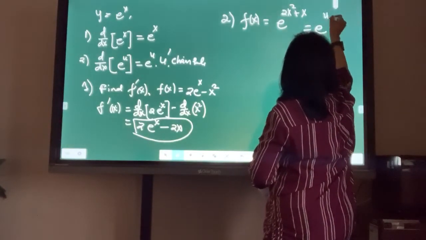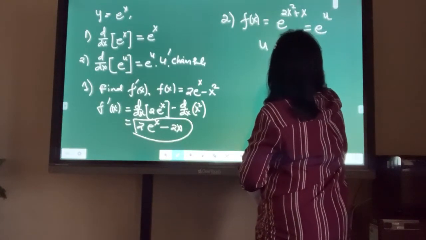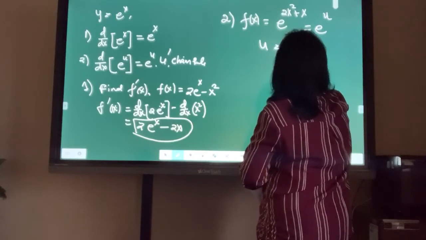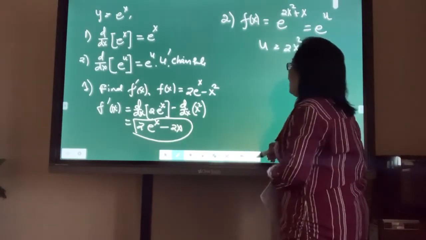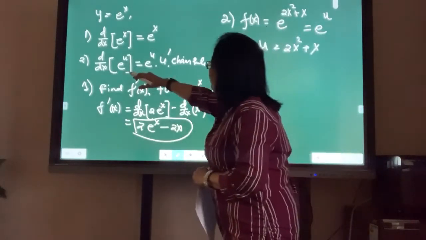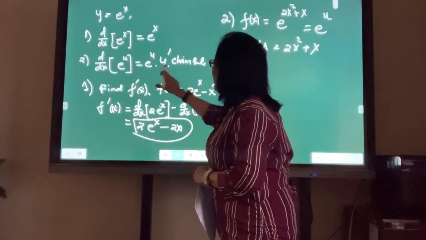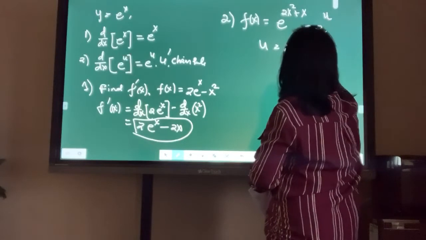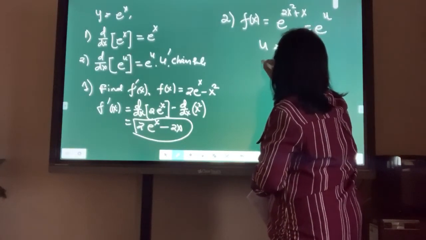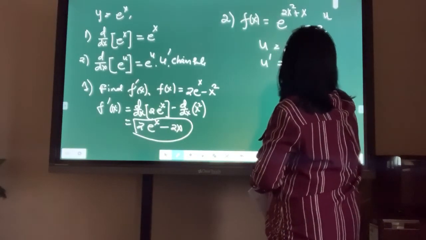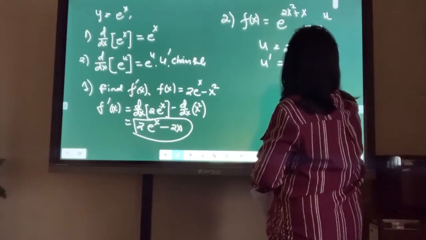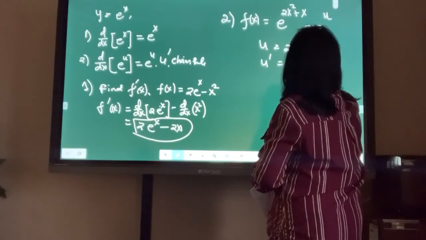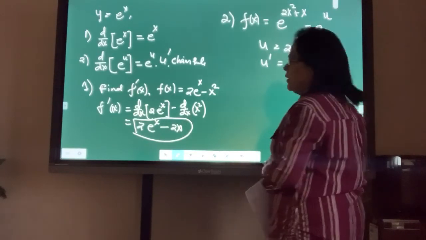Let's call it e to the u, where u will be identified as 2x squared plus x. And then going back to the chain rule, you see this is e to the u times u prime. So if you identify what u is, which is the top exponent, then u prime will be found using the power rule, which will be 4x plus 1.